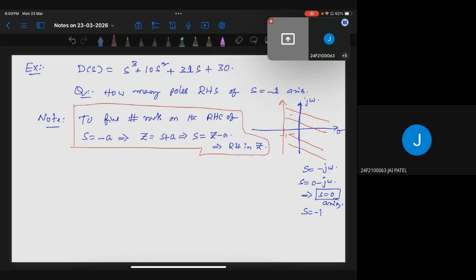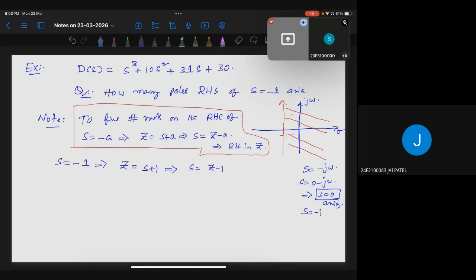This means we have to substitute S as Z minus a in the original equation, then find the equation in terms of Z, and set up the array. Let's say here in this example S equals -1, so Z equals S plus 1, that means S equals Z minus 1.